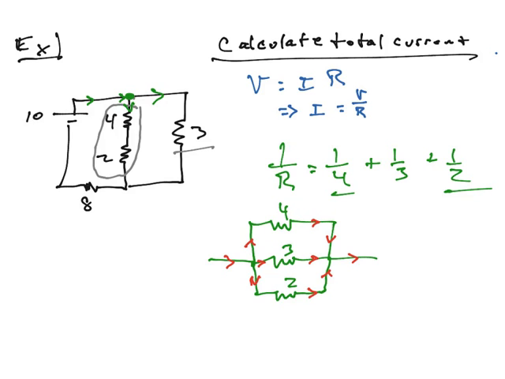But is that true for this circuit? My green electron sitting there, it could go to the 3, or it could go to the 4. But it cannot go to the 2 without going through the 4 first. In order for the electron to get to the 2, it must first go to the 4. So that means 4 and 2 are not parallel. For them to be parallel, the electron can choose to either go to 4 or go to 2, but not both.